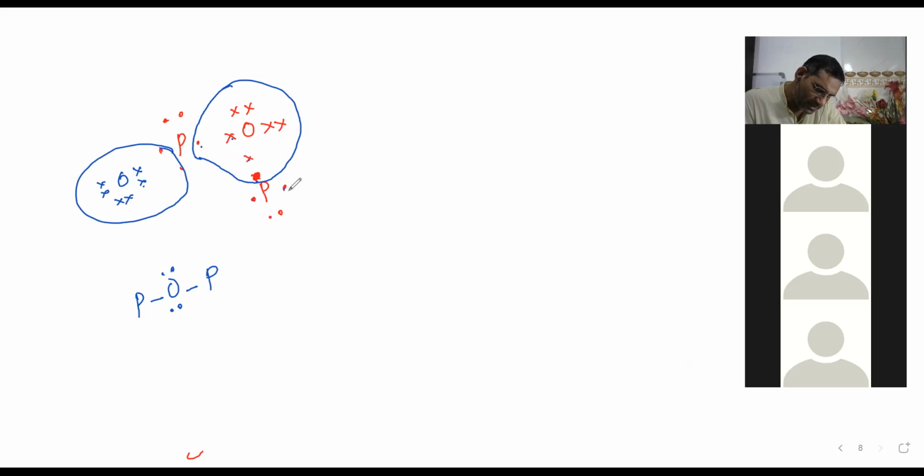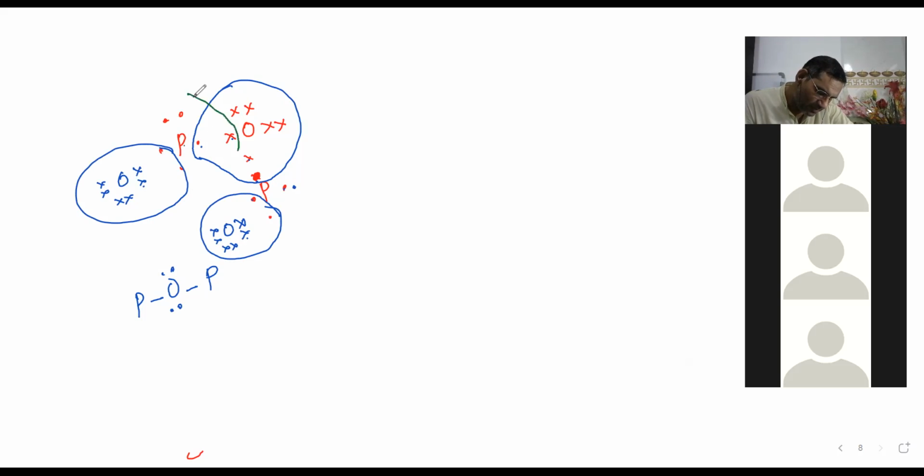These two unpaired electrons, what I'll do, I'll write that electron here. So now these two unpaired electrons will overlap these two unpaired electrons of oxygen. In this way, all unpaired electrons of oxygen will get completely filled. What about this phosphorus?